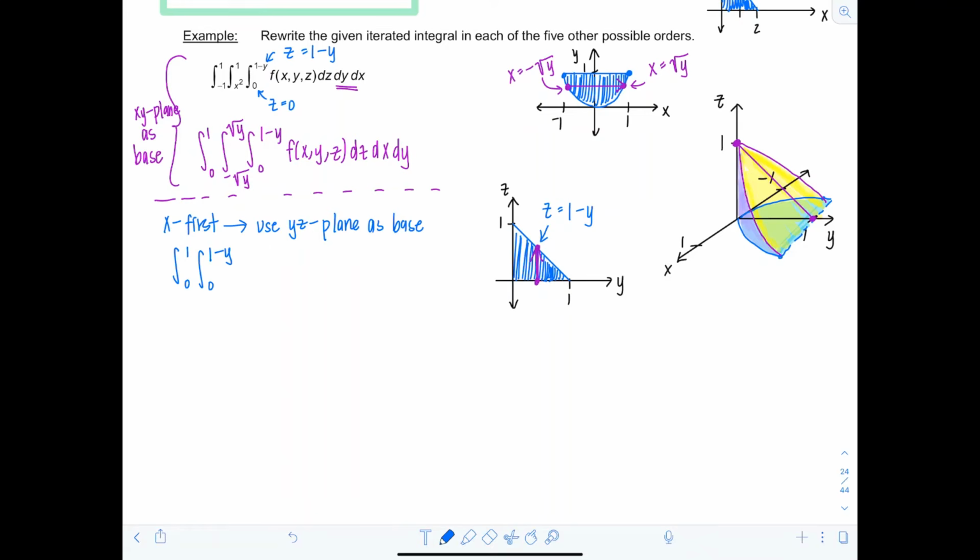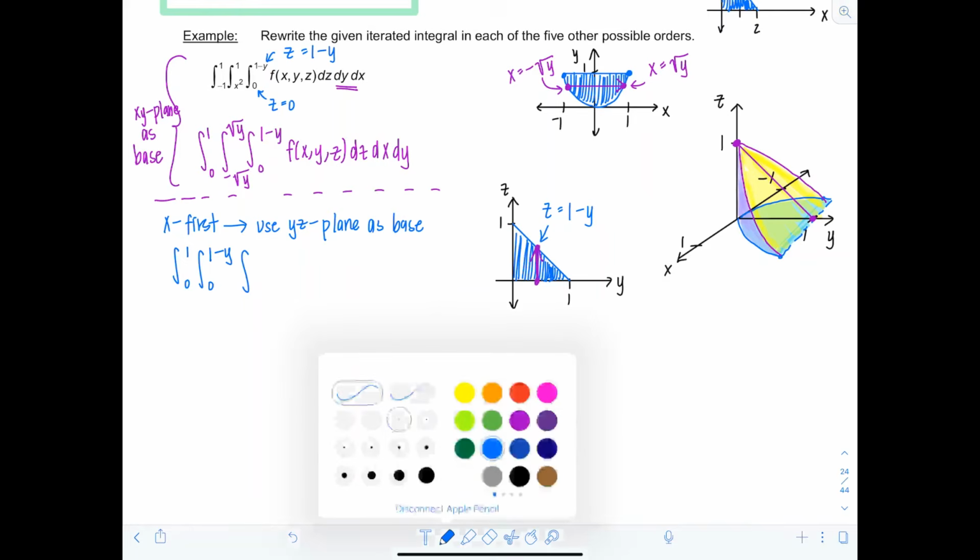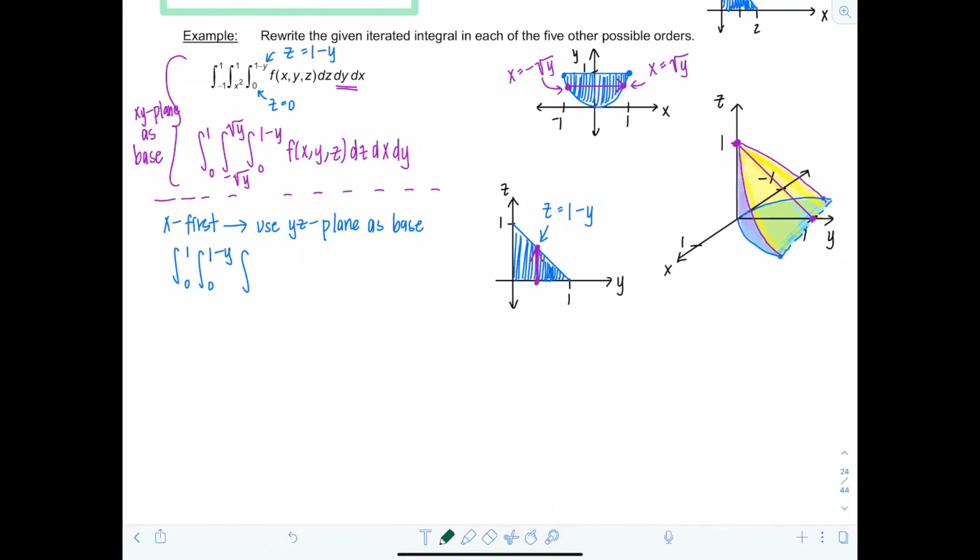Now I'm going to have my limits for x. Looking back at the solid, if we're treating the yz plane as the base, what's determining the height of the solid in the x direction? Notice here, in the x direction it's determined on the left by the parabola and on the right by the parabola as well.